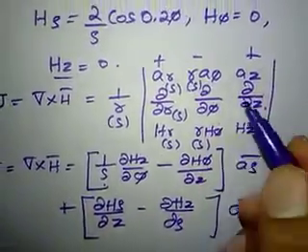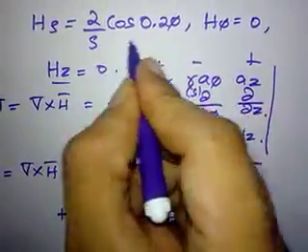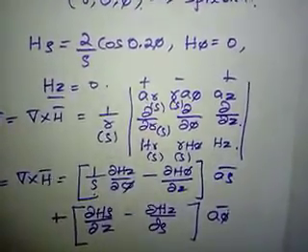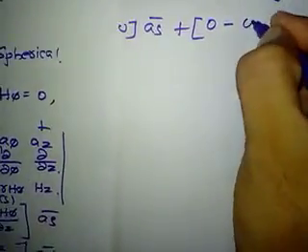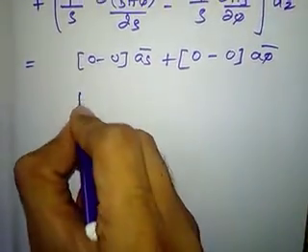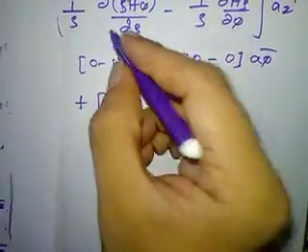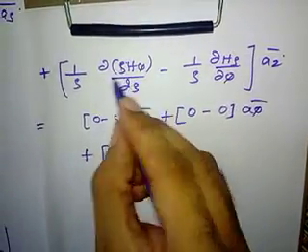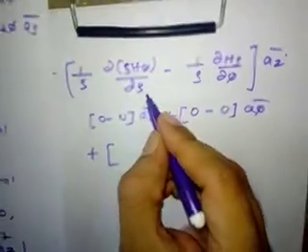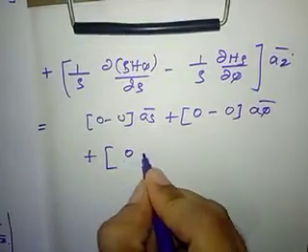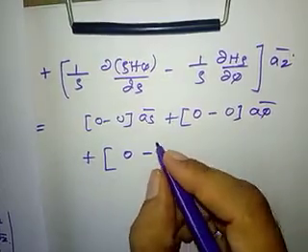H rho with respect to z, there is no z component here, so it is 0, minus dou Hz by dou rho, Hz is 0, so it is 0, this into a phi bar. Plus 1 upon rho, rho H phi by dou rho, H phi component is 0, so this also we get as 0.